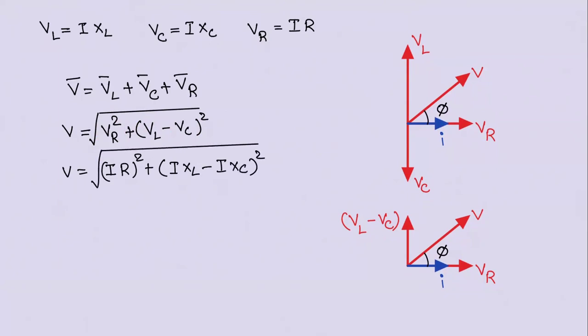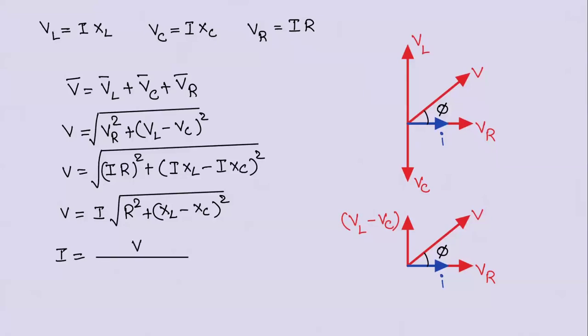Now if I take I common, V is equal to I into square root of R square plus XL minus XC whole square. I is equal to V by this entire value.